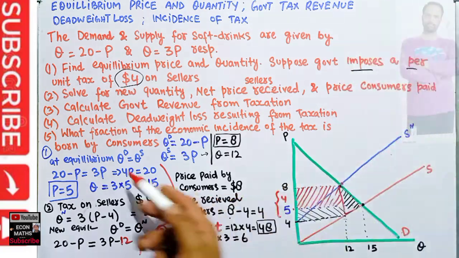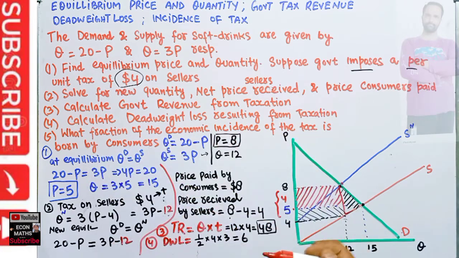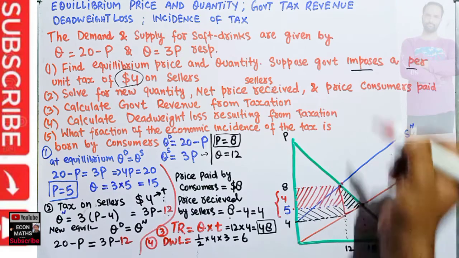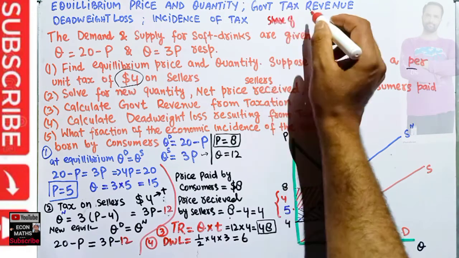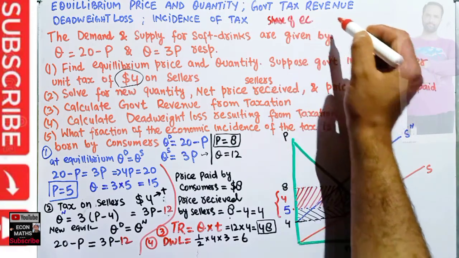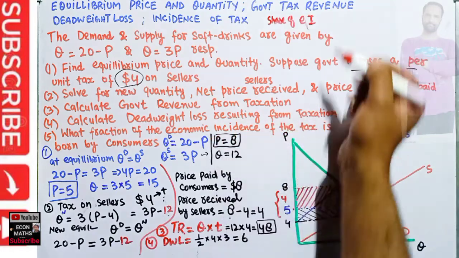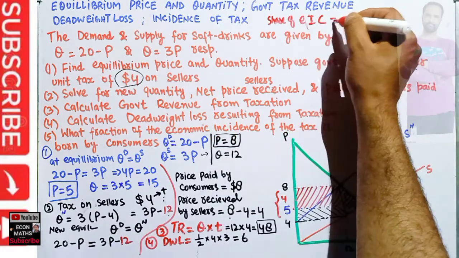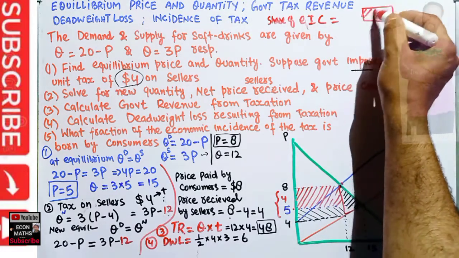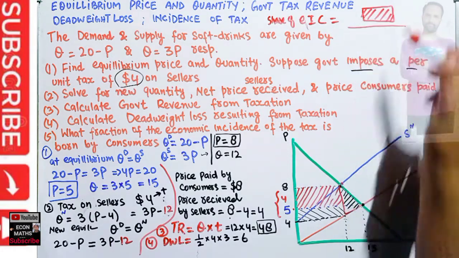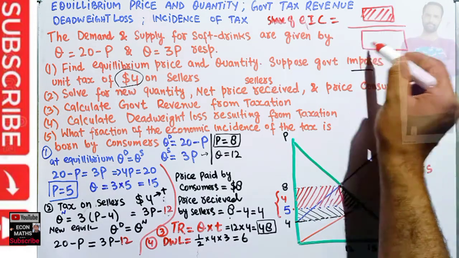The share, or fraction, of the economic incidence of tax borne by consumers will be equal to the area of this rectangle, divided by the area of this whole tax revenue region.